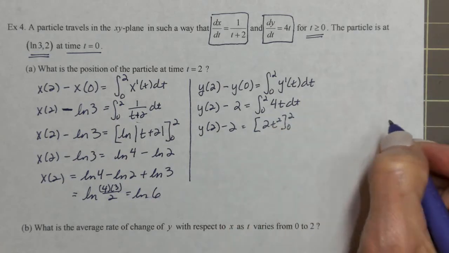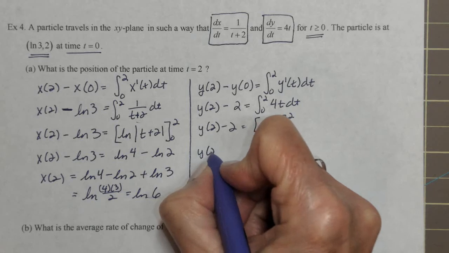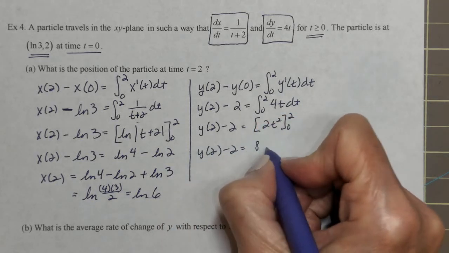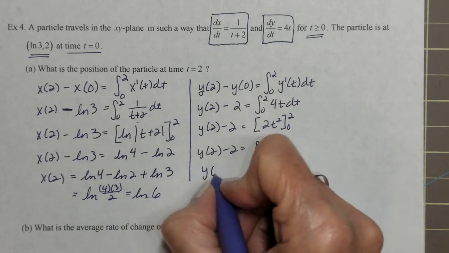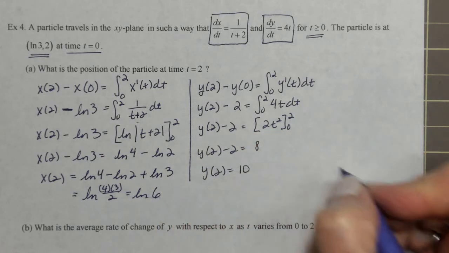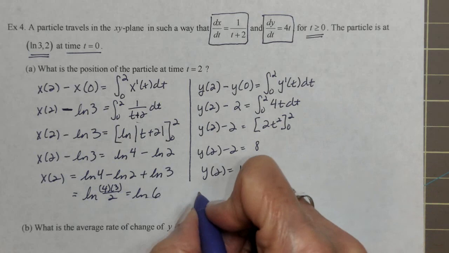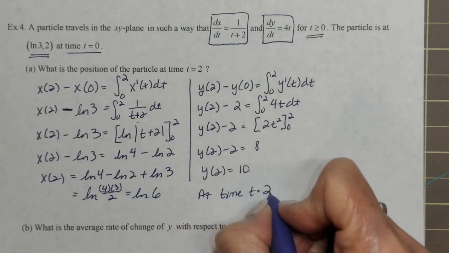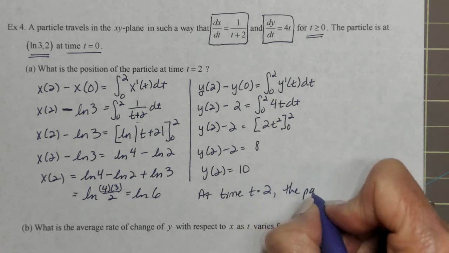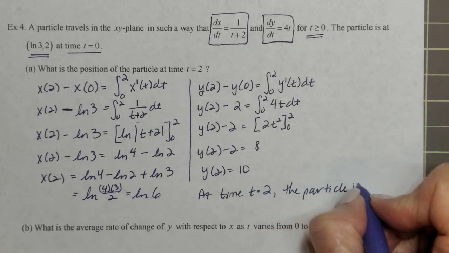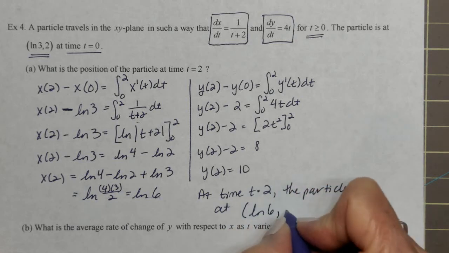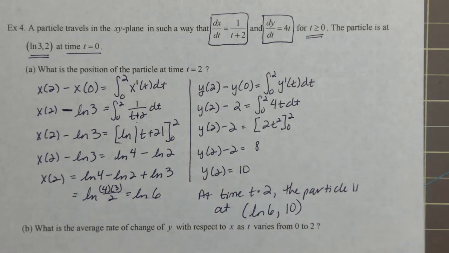We're going to evaluate that from 0 to 2, so this will be 8 minus 0. So y at 2 is 10. So at time 2, the particle is at the point natural log of 6, 10.